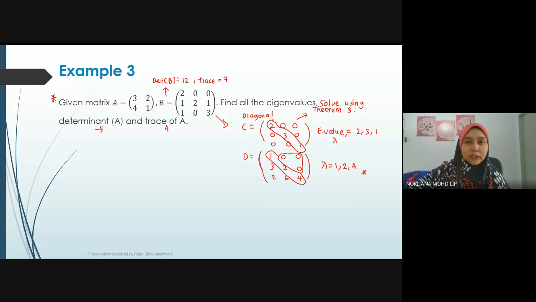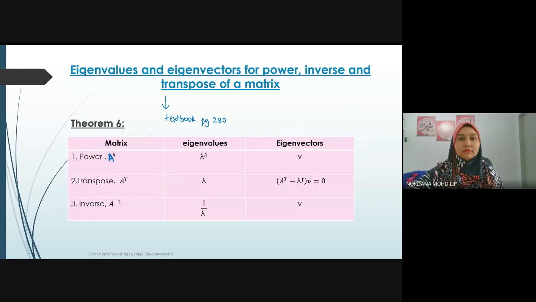Afi ni dah buat? Buat tak example 3? Last week. Tak buat?